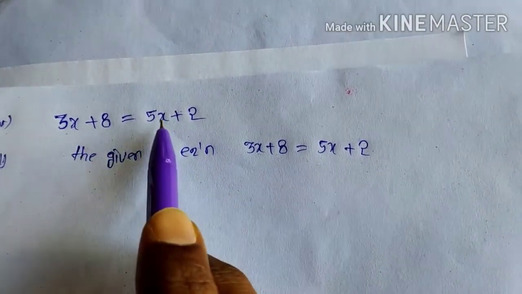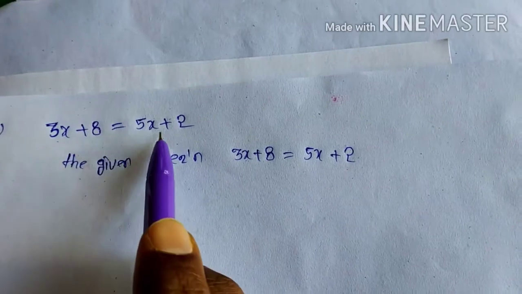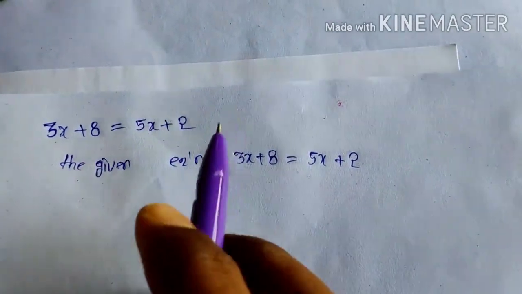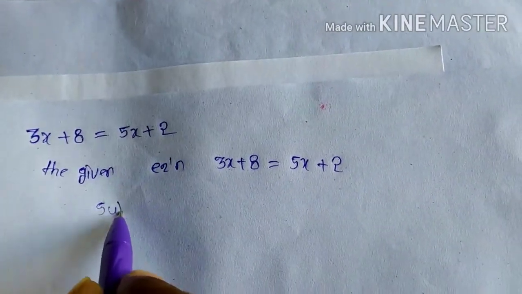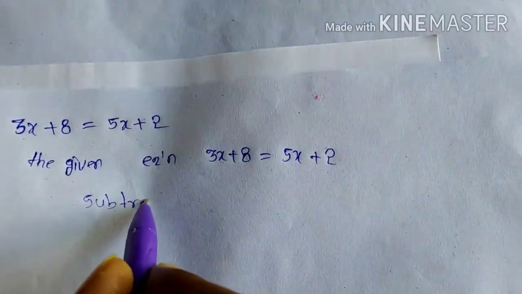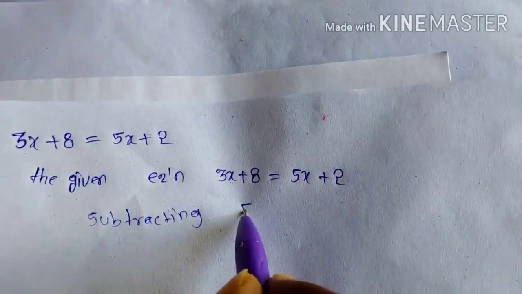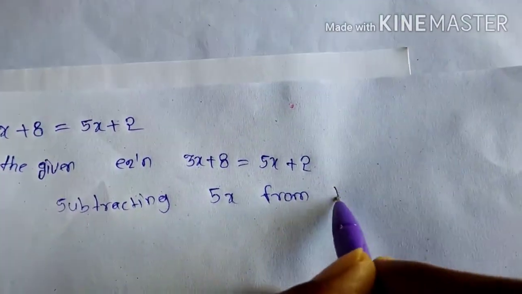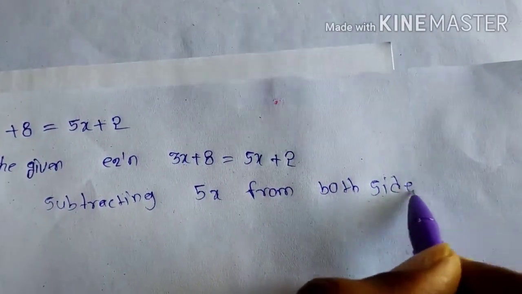You can subtract 5x from both sides. Therefore, subtracting 5x from both sides.